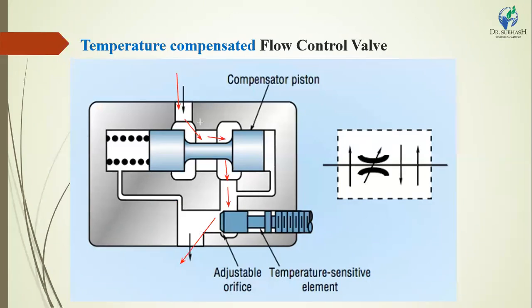If the temperature of the hydraulic oil or any working fluid increases, this temperature gauge senses the temperature of the oil and operates this spool piston or adjustable orifice. It maintains the area of this adjustable orifice and gives the opening area in an open or closed feedback condition.